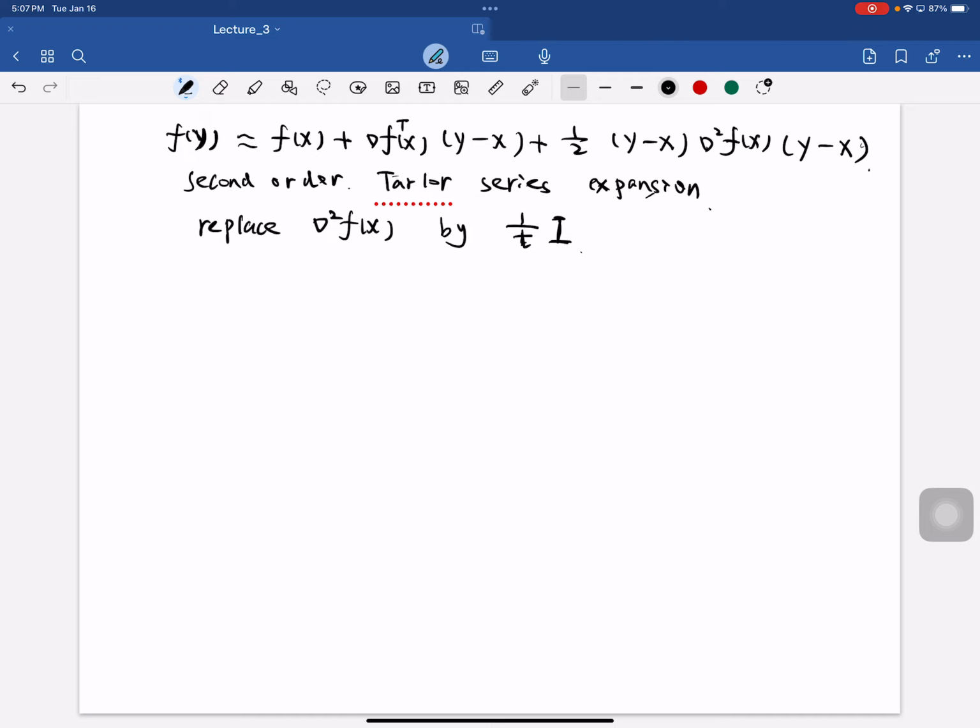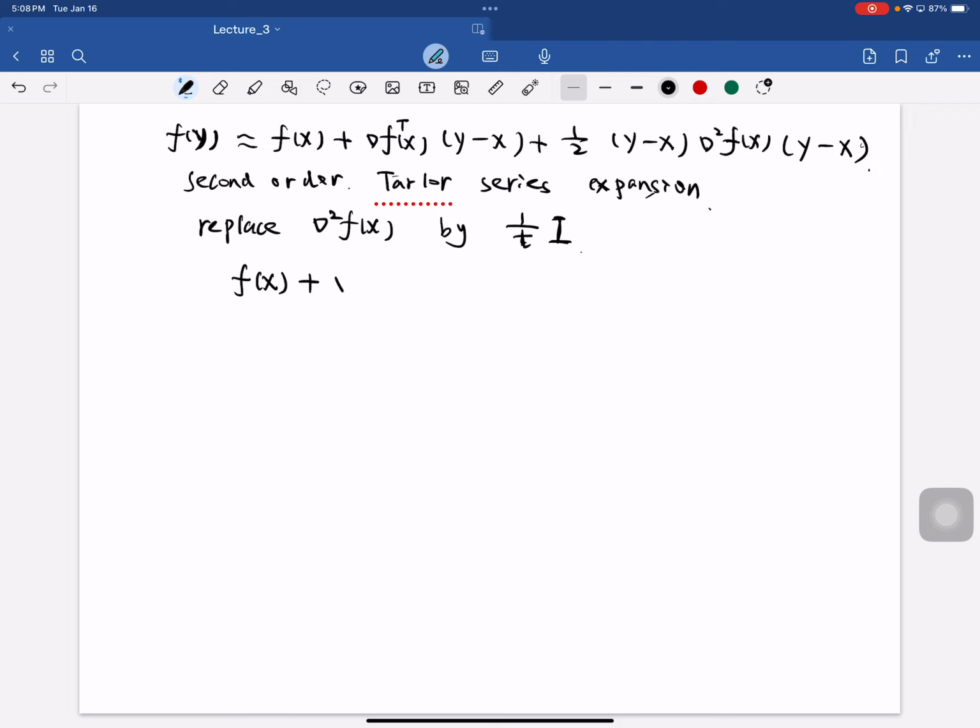Okay, why do we want to do that? It's a very arbitrary way of doing that, right? We don't know what the Hessian is. Let's just pick an arbitrary matrix to replace the Hessian. And there's no good reason for doing that. But sometimes you can show very good properties by doing this very simple replacement. So if you do this replacement, we can get a first order approximation.